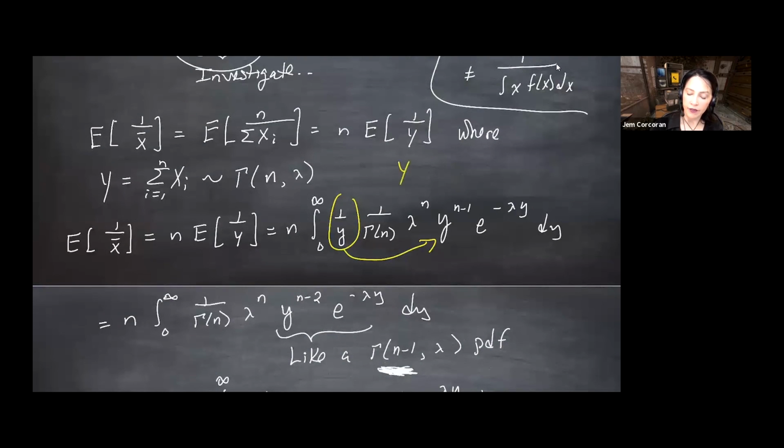If I define y tilde to be 1 over n y, then that is going to have a gamma distribution. The y, being the sum of n exponentials with rate lambda, has a gamma distribution with parameters n and lambda. And when you multiply a gamma times a constant, it ends up underneath the second parameter of the gamma. So n lambda, which comes from lambda over 1 over n.